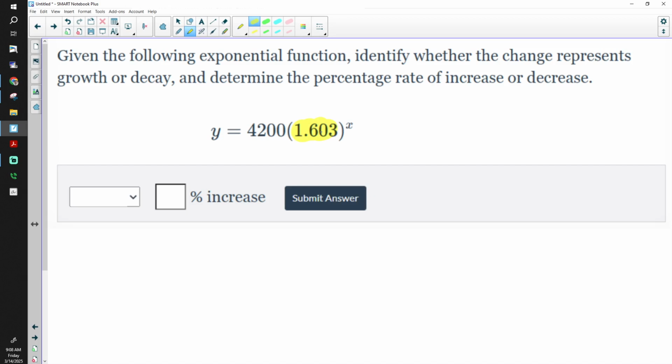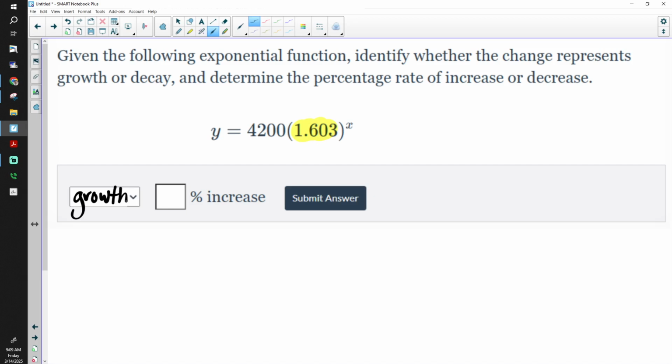If this number is larger than 1, it's growth. If it's between 0 and 1, or a decimal with a 0 first, then it is decay. 1.6 is larger than 1, so we know that this problem is exponential growth. So we select growth in the drop-down.